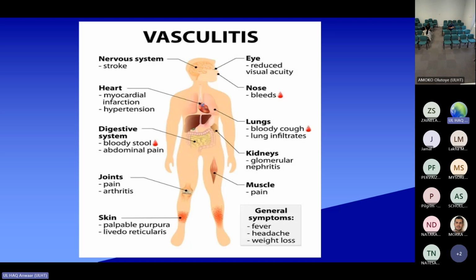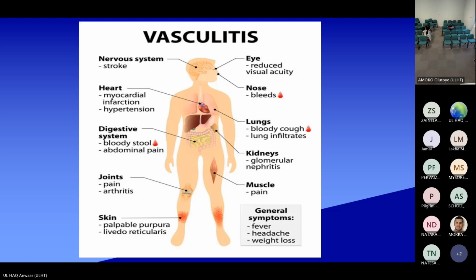Nasal bleed is common in GPA, granulomatosis with polyangiitis, an ANCA-associated vasculitis. It is common with nasal bleed, with nasal crusting, and there is a risk of perforation of the nasal septum. Heart: myocardial infarction and hypertension is another one. These symptoms are more specific in relation to vasculitis.